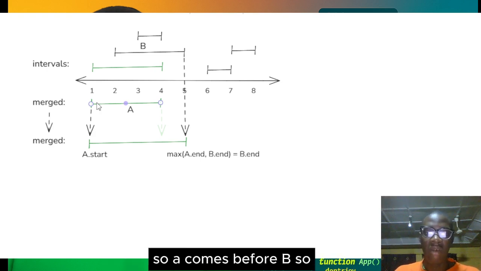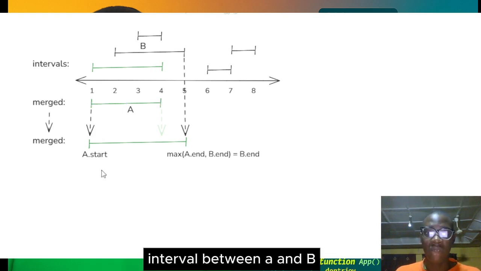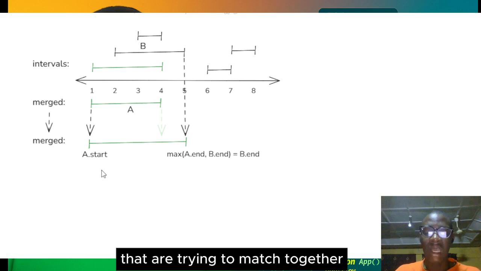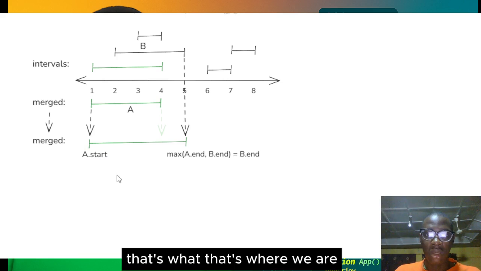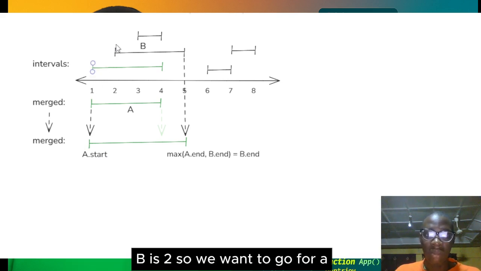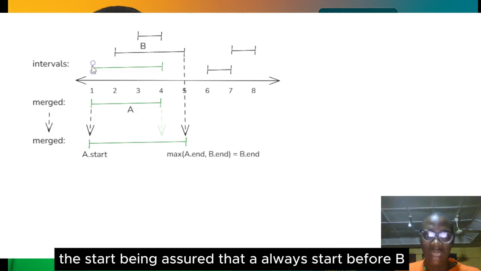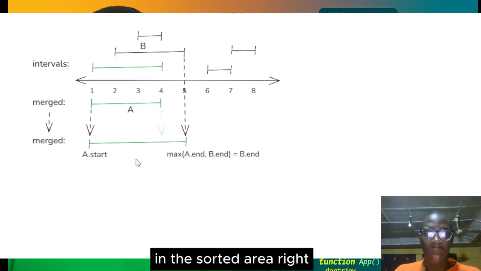So A comes before B. To make sure we cover all the possible intervals between A and B that we are trying to merge together, we're gonna select A dot start. That's 1. If you look at it, you see that A dot start is 1, B is 2. So we want to go for A dot start, being assured that A always starts before B because A is the first interval in the sorted array, right?